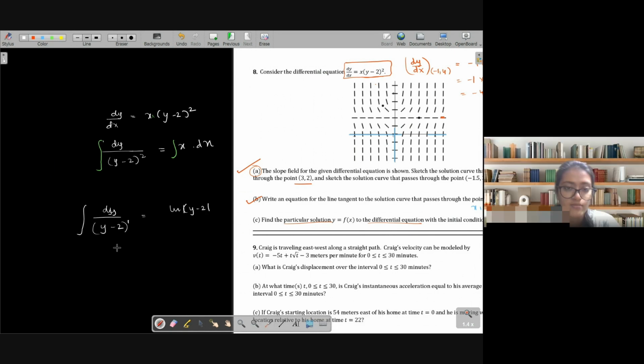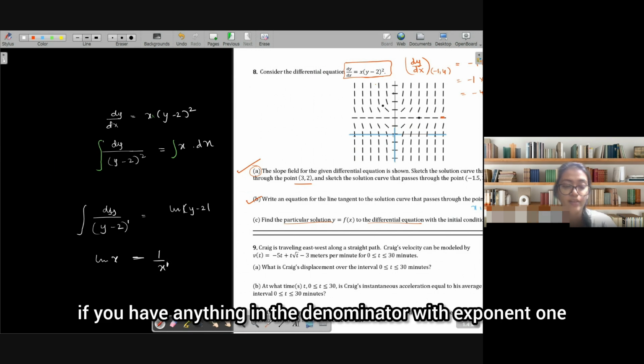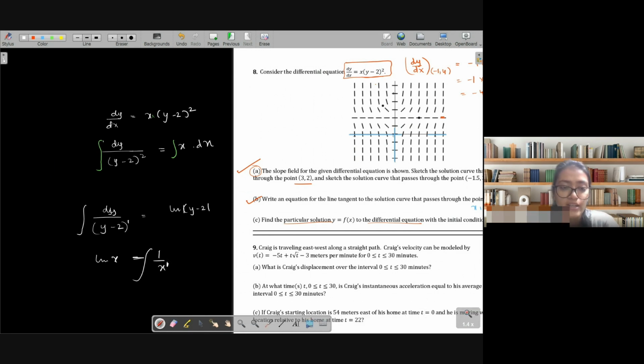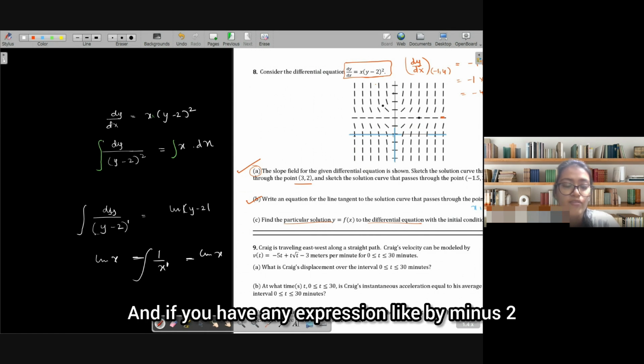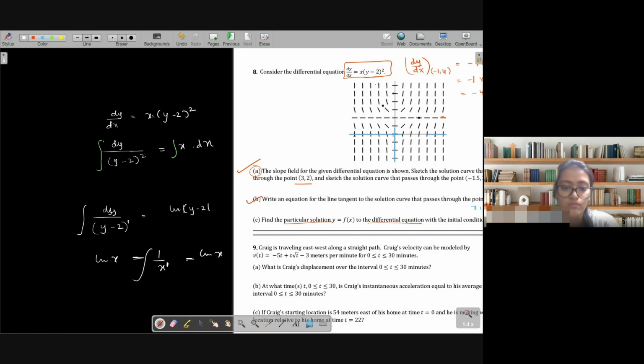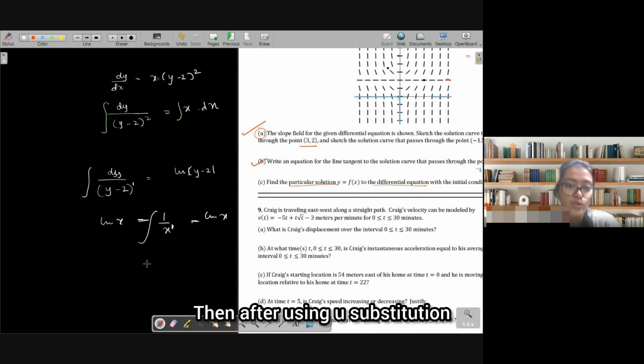Because the derivative of ln x is 1 over x. So if you have anything in the denominator with exponent 1 and you're integrating it, then this will be ln x. And if you have an expression like y minus 2, then after using u substitution, you will get ln of y minus 2.